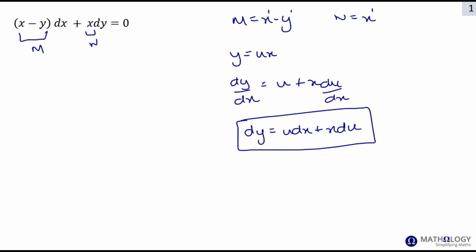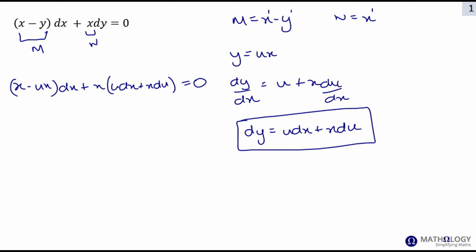What we do now is substitute into this differential equation the expression for y and the expression for dy. So we'll have x minus ux dx plus x times dy, which is u dx plus x du, and that equals 0.